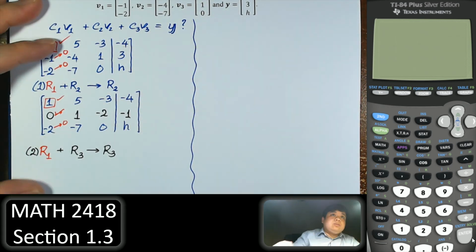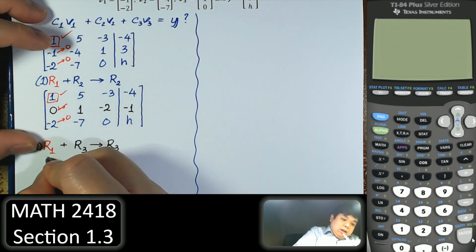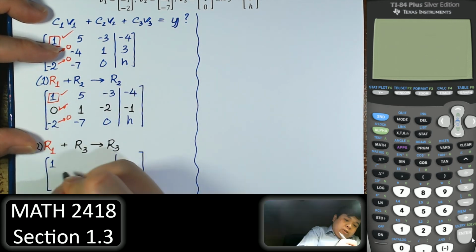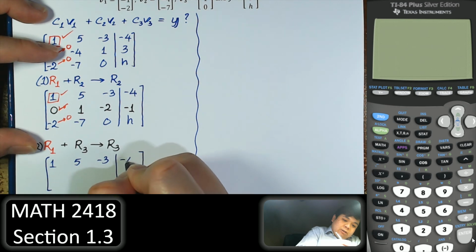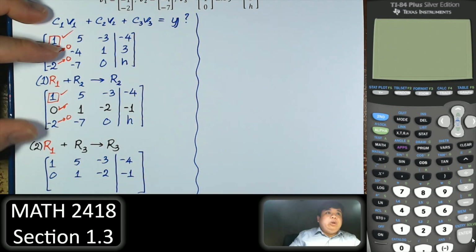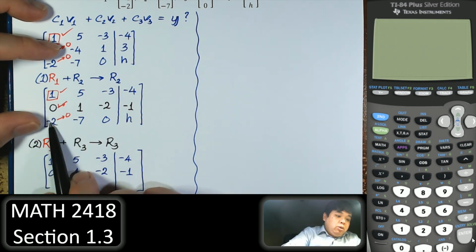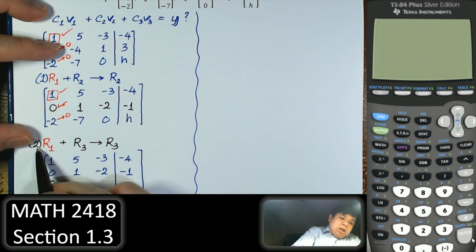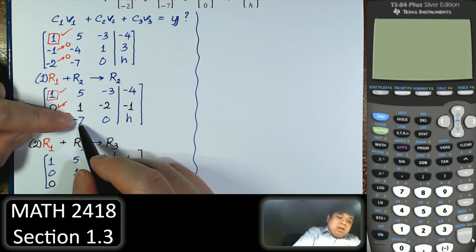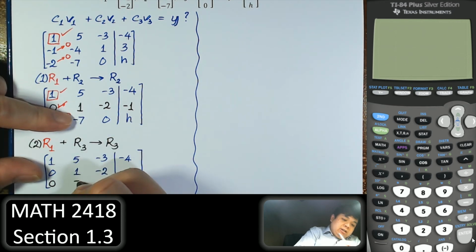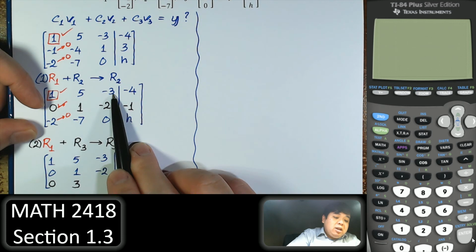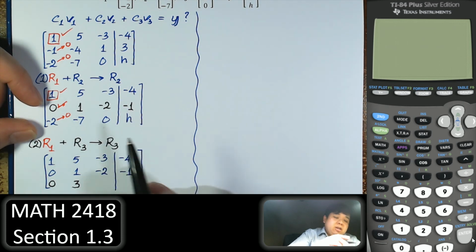Right. In that case, row 1 and row 2 will stay the same. So I'm just going to copy row 1 and row 2. Now row 3. 2 times 1 is 2, minus 2. 2 times 5, 10, minus 7. 10 minus 7, 3. 2 times negative 3, negative 6, plus 0.